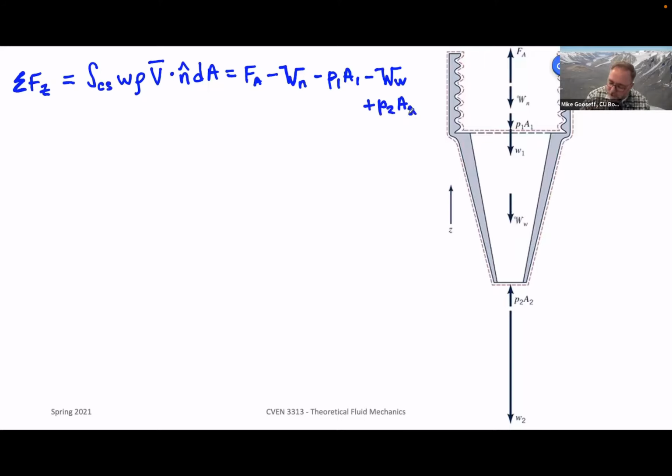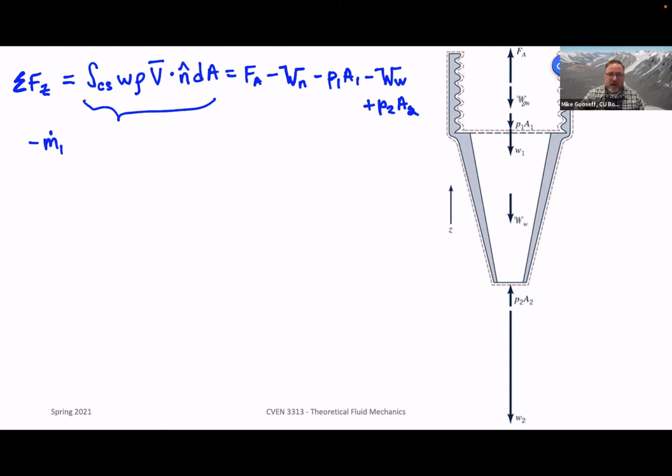It's supposed to be a 2. Okay, so this component here can now be rewritten as a minus m dot 1. Okay, so mass flow rate, remember that's just rho times q. That's coming in on the upward side.